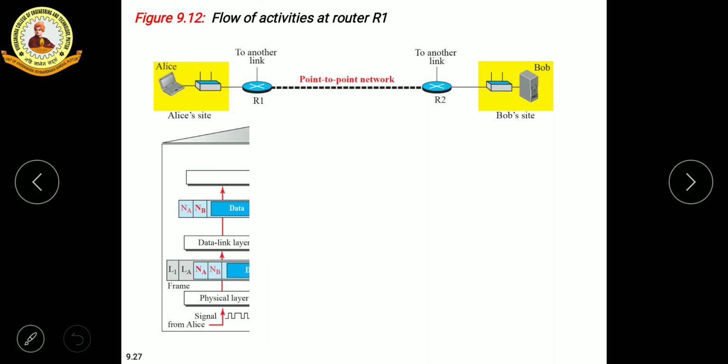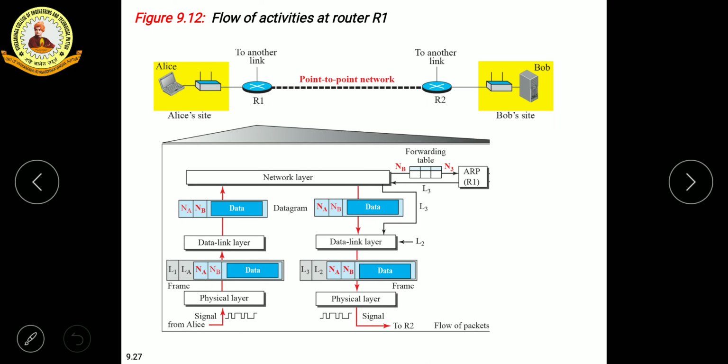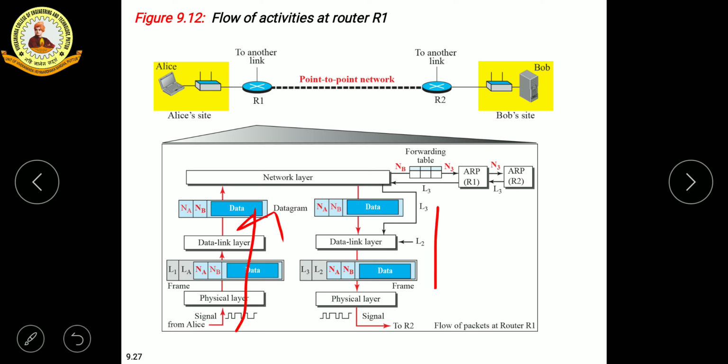Now what happens here? First we will decapsulate in this manner, and again we will encapsulate in this manner. So we will come to know to which link it should be forwarded, and from which link it has come, and that information is decoded between this decapsulation and encapsulation.